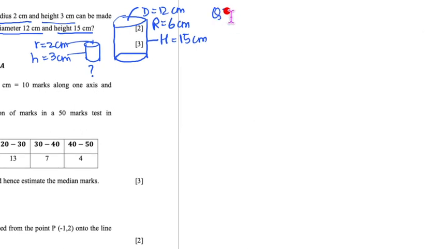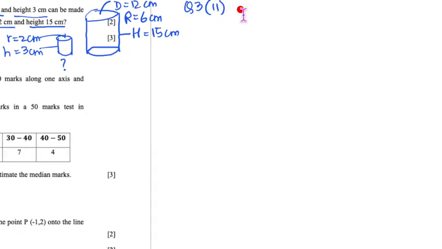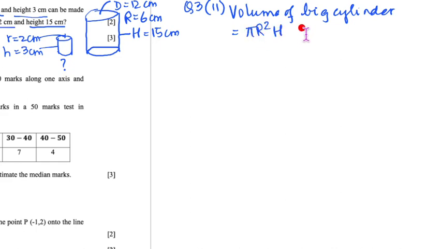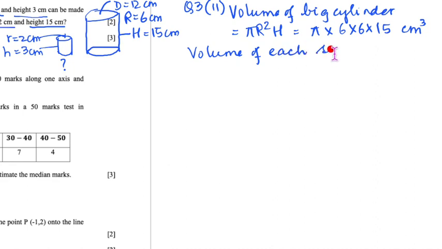This is our question 3, the second part, and we will write over there volume of the big cylinder. It is going to be pi big R square big H. So that is pi multiplied by 6 times 6 into 15, these many centimeter cubes. And the volume of each small cylinder will be equal to pi small r square small h.